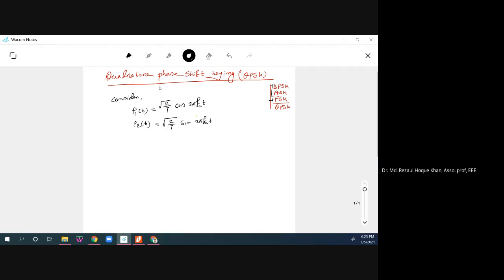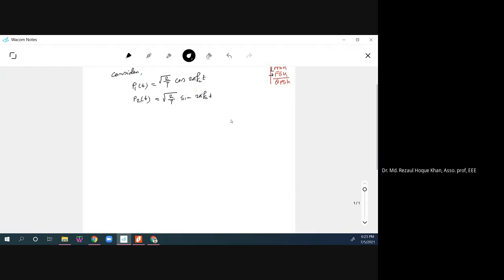Of course, both have the same condition, for 0 to T. So this is the condition, right? Where T is the same as the previous, T is the symbol duration, and T equals K by fc, where K is an integer value, right?